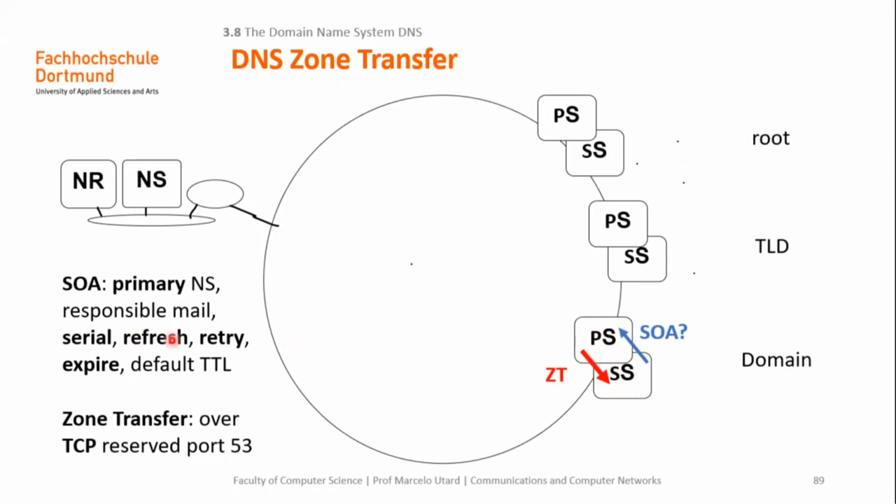But there are other two numbers. For instance, the retry number is the number of seconds that we need to wait if, when we ask for the SOA record of the primary server, it perhaps couldn't answer, or the secondary server couldn't receive the answer of the primary server.